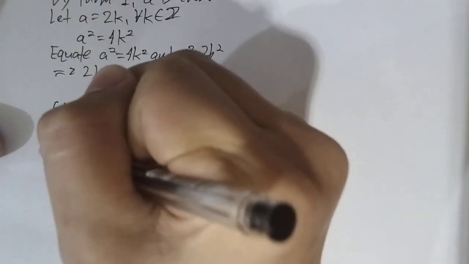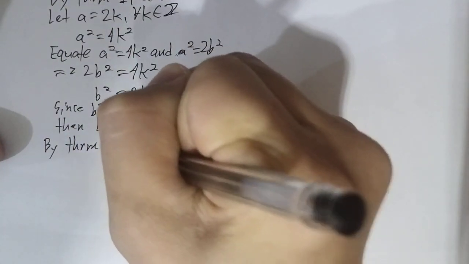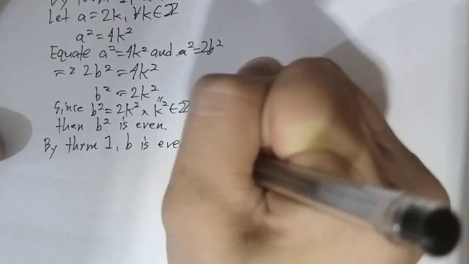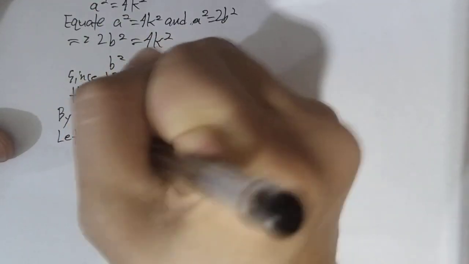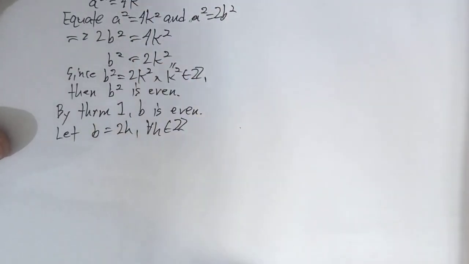So by theorem 1, b is even. Now if b is even, then we can let it be equal to 2h, for some h that is an integer.